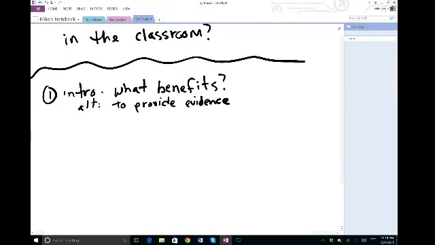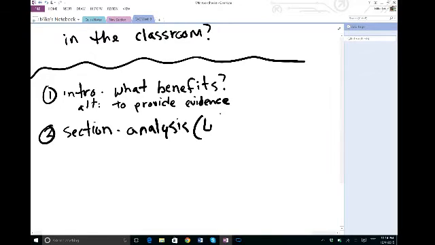So either way, it really doesn't make much difference if you use a question or if you just use a typical thesis statement. The next section then becomes an analysis, or that literature review.